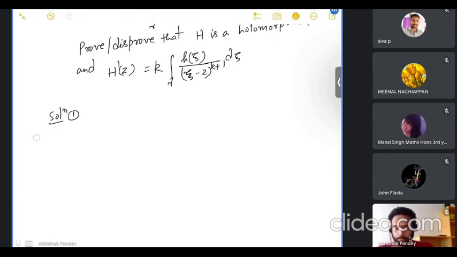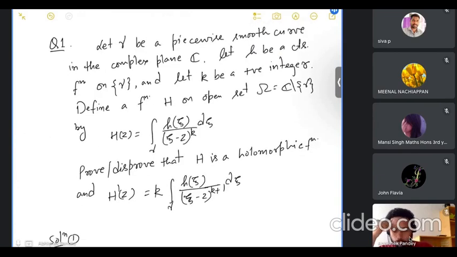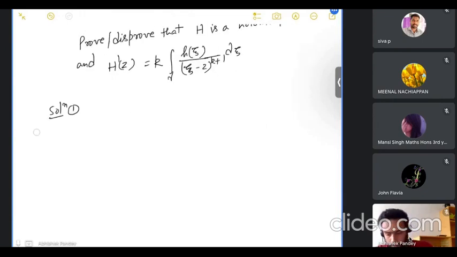So I will prove it for k equals 1 and 2, and then you can prove it by induction. So we'll prove for k equals 1. Let z naught belong to omega.